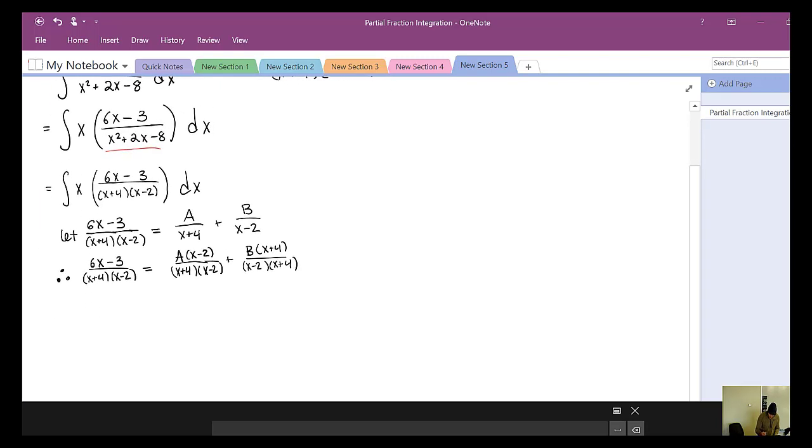which, let's see, if we factor this in there, that'll become ax minus 2a, and this will become bx plus 4b, all over the same denominator, is equal to that.